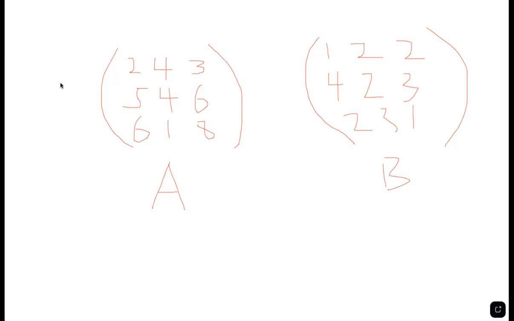Okay, so meaning we have 3 rows and then 3 columns. What about matrix B? The same thing, right? 3 rows, 3 columns.